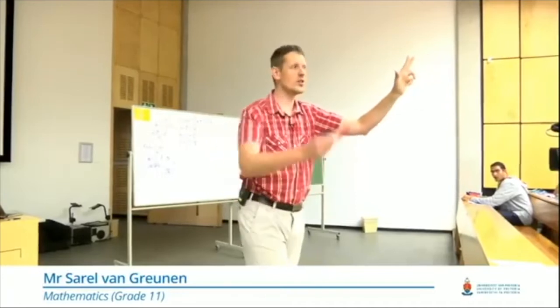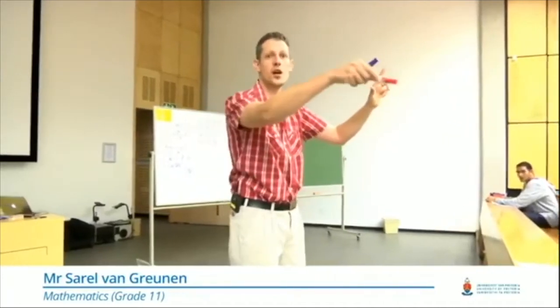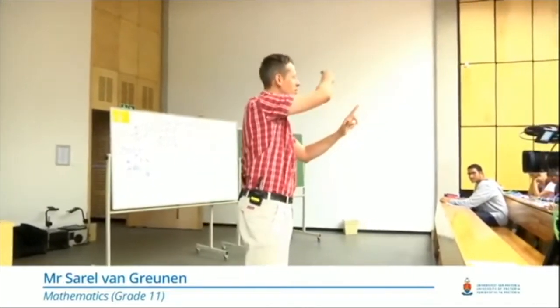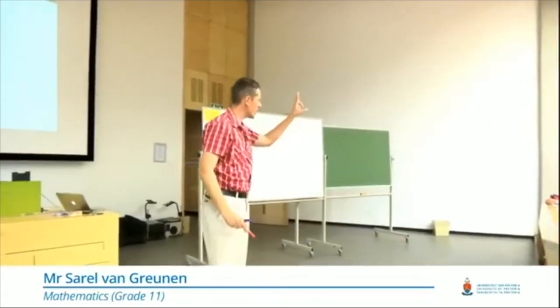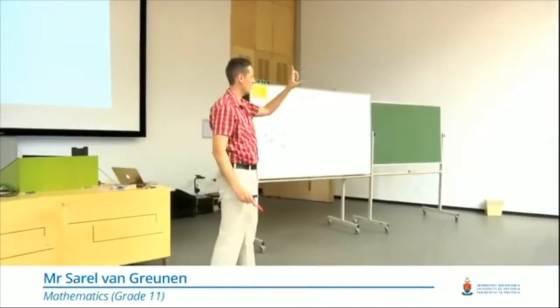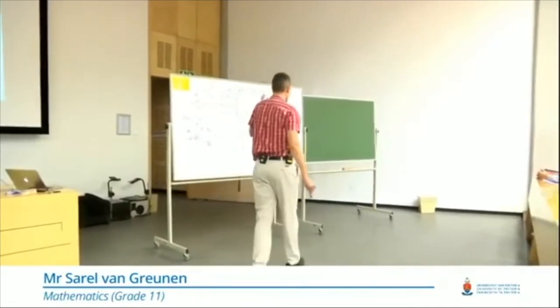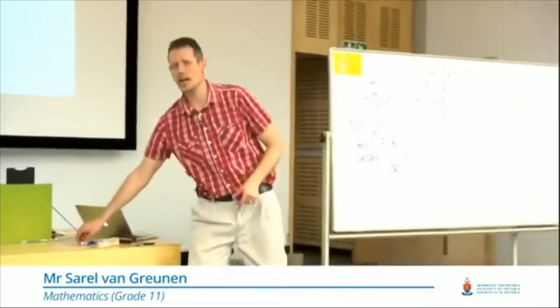Because cos is cofunction of sine. Cosec is cofunction of sec. Cot is cofunction of tan. So your three originals are sine, sec, and tan.